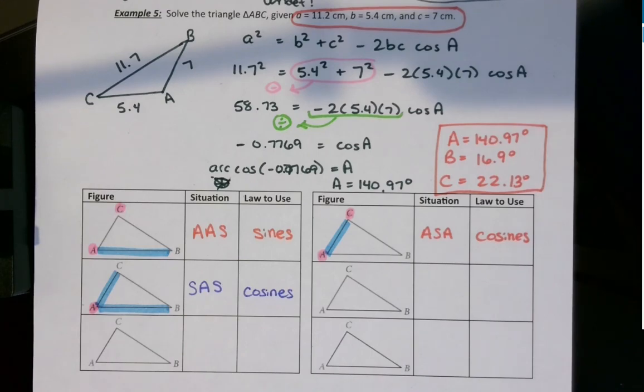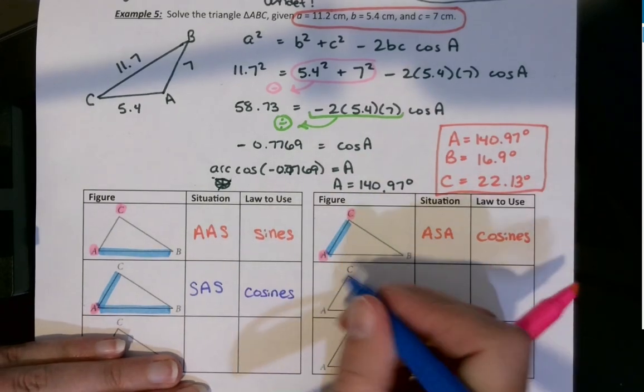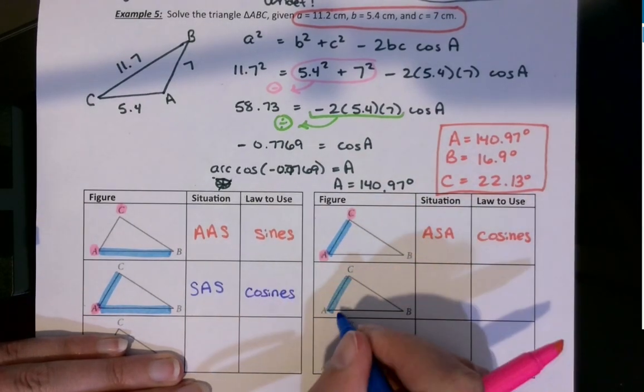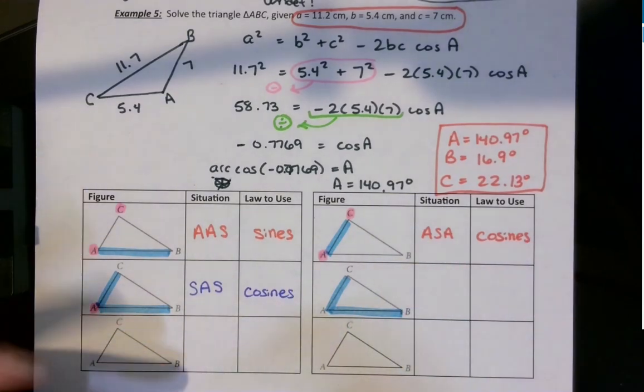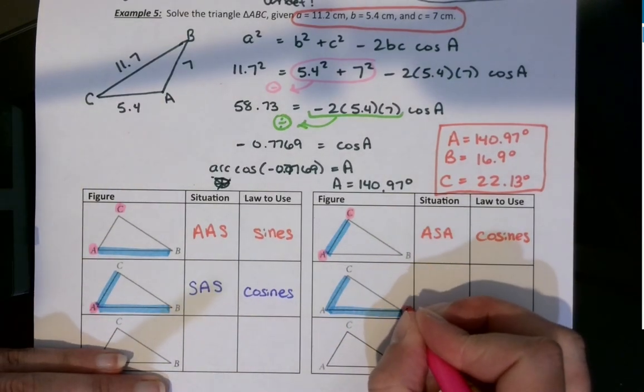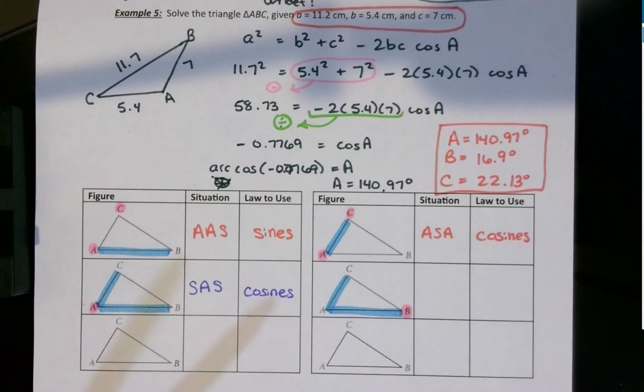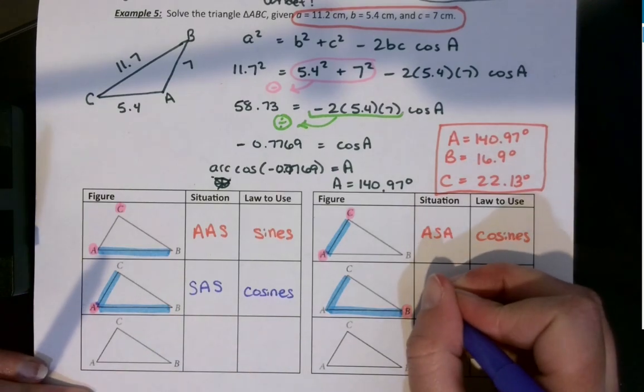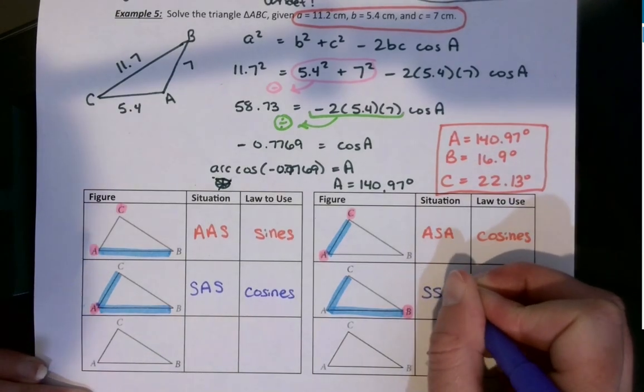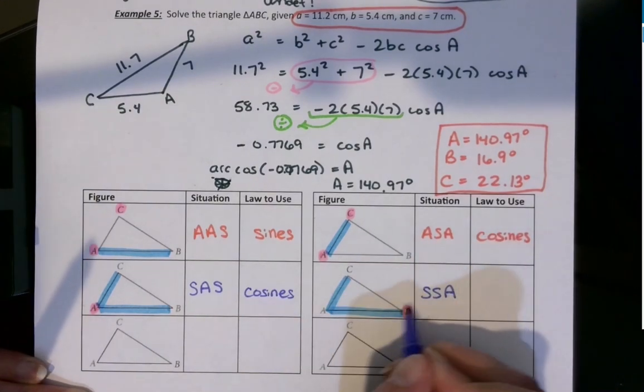If I know 2 sides, and the angle that I know is not between them, this is a case that's called side, side, angle.